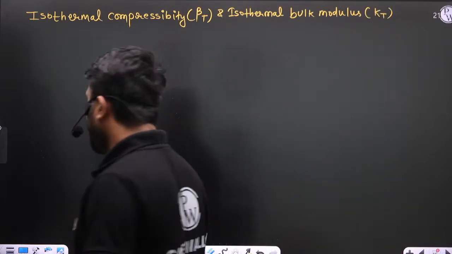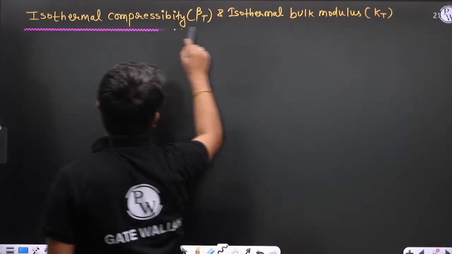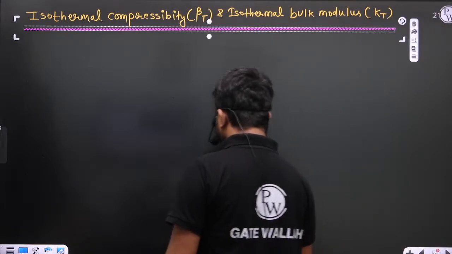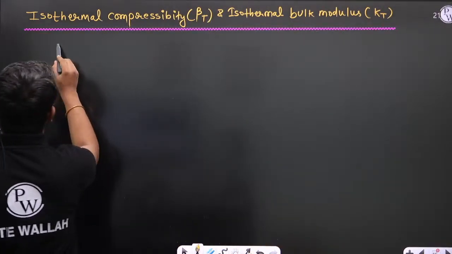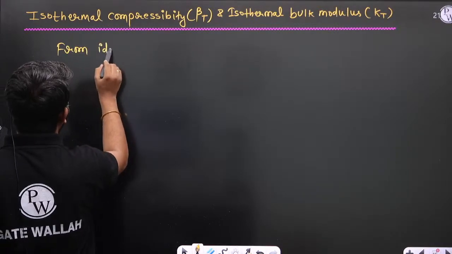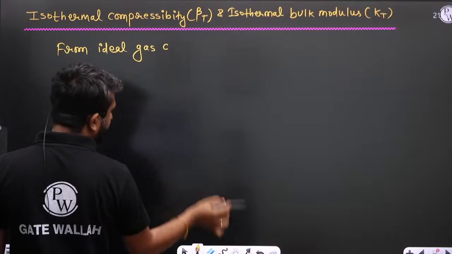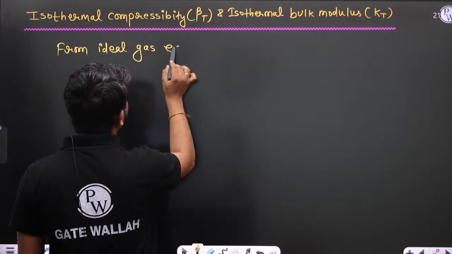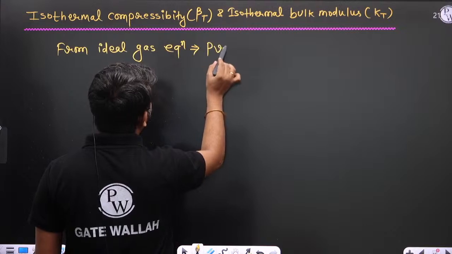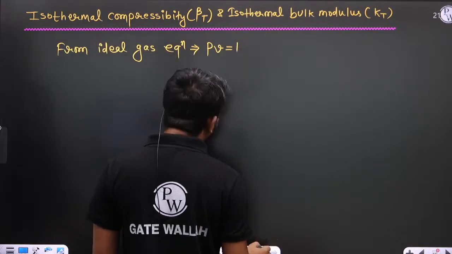Now see, we are talking about the ideal gas now. So we know the ideal gas equation, everyone knows it: PV is equal to RT, or PV is equal to MRT.